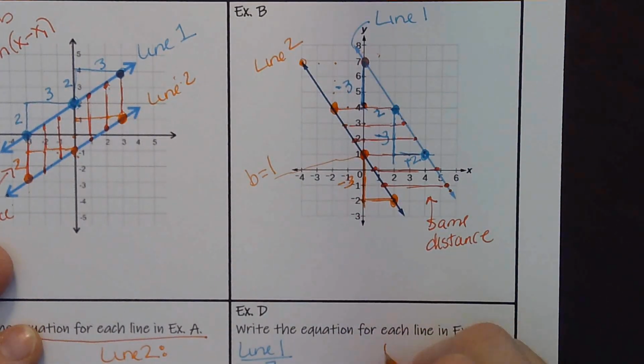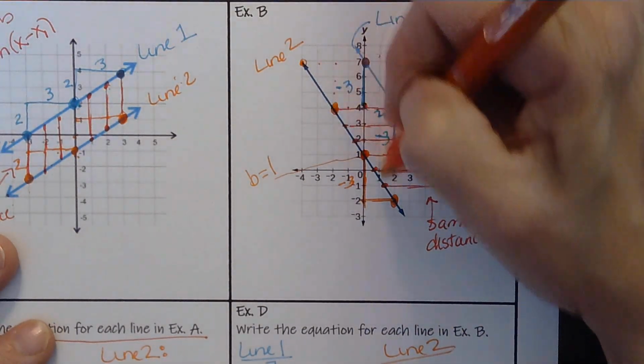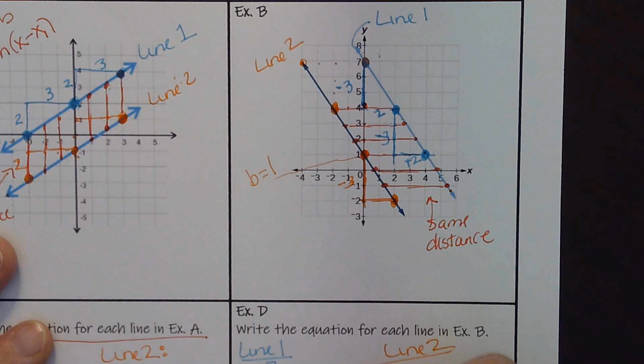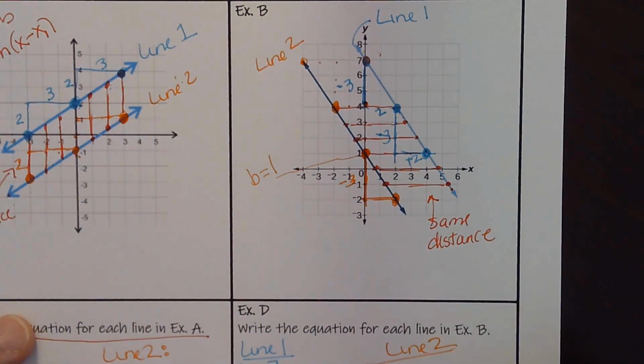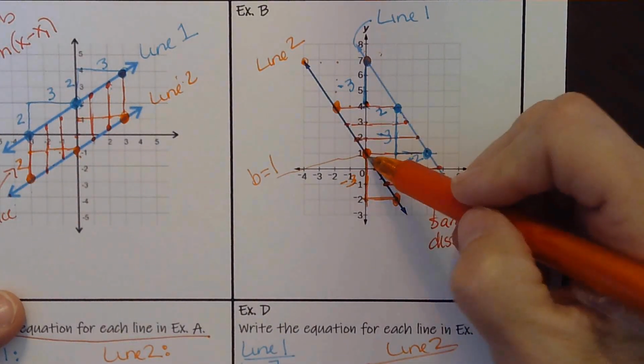So for line 2, since my line is falling, my slope, which is rise over run, will ultimately end up being -3 over 2. And my y-intercept, we said, is 1.